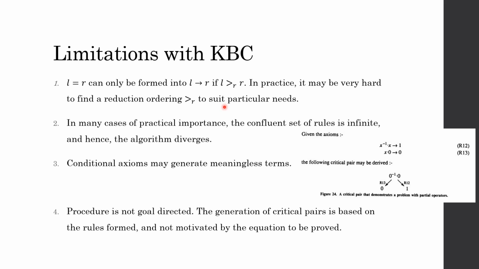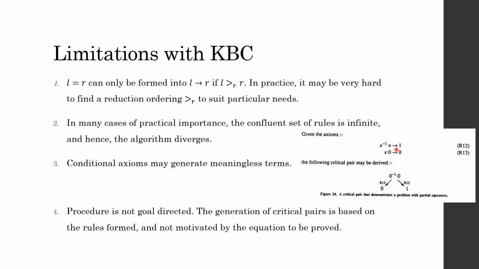And if there is an axiom that is conditional, it may generate meaningless terms. For example, x times the inverse of x is an axiom for the multiplicative group. For x times inverse x, this will give you the identity, not the unit. Then x multiplied by 0 will give you 0.